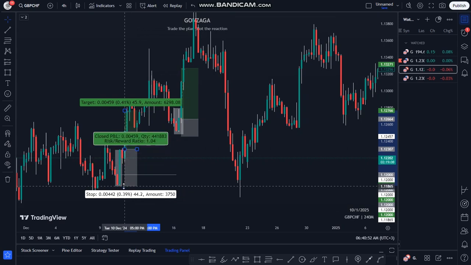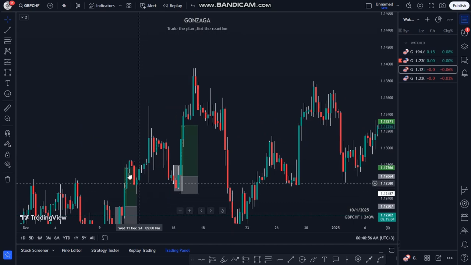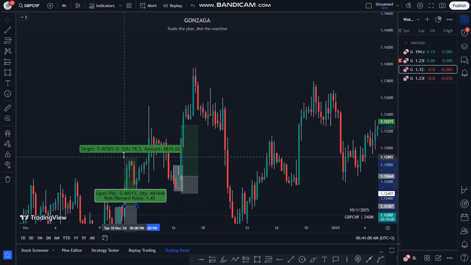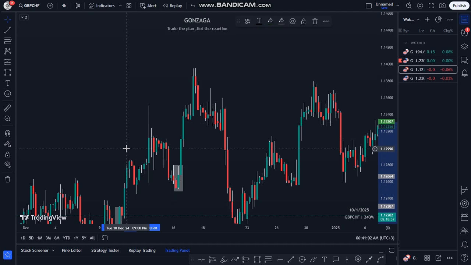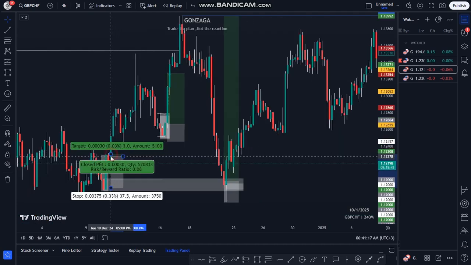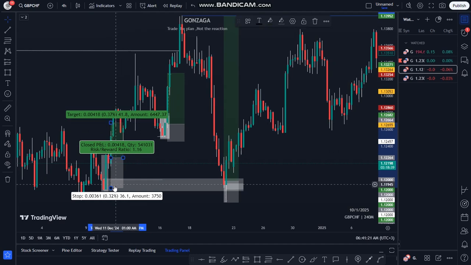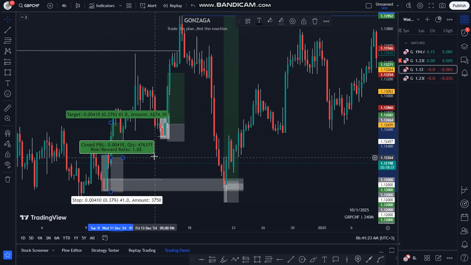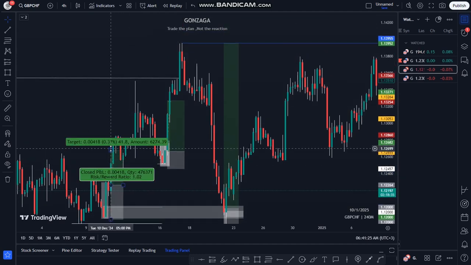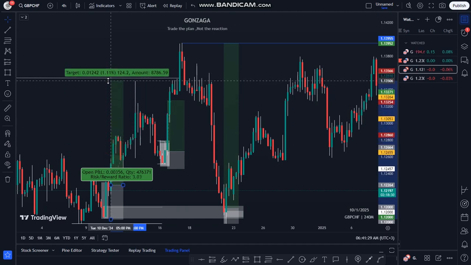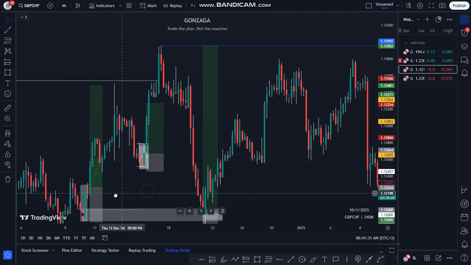Then put your stop loss below those candles, which is 40 pips. You target 3 times that, so you risk 40 pips to get 3 times of it, which is 120, right? Very simple things.